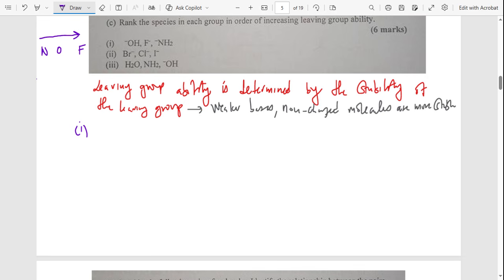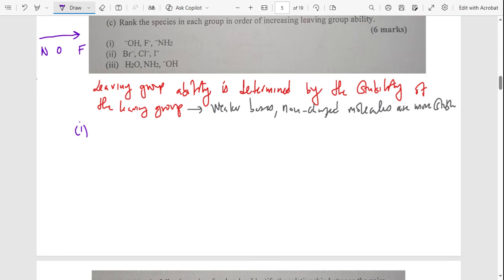Now, by definition, electronegativity is basically the tendency of an atom to pull a pair of shared electrons towards its nucleus in a bond. So fluorine tends to pull electrons more towards itself in comparison to nitrogen. When you look at these, when they form acids, which one is going to be the strongest acid?